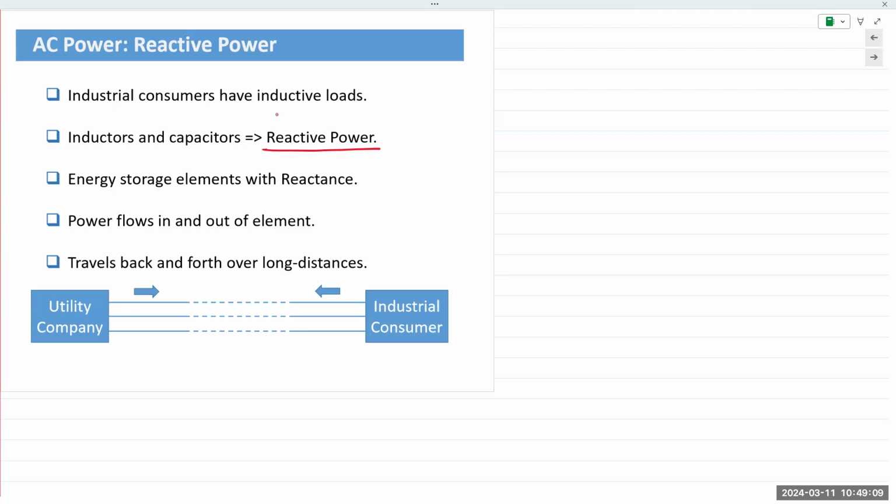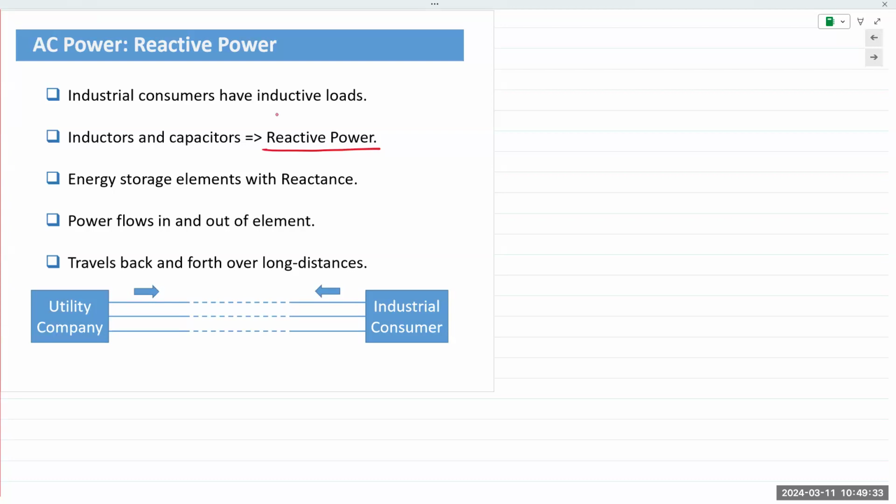The reason this is important is because if you think back on the last few weeks, I talked about how power, energy in an inductor and capacitor, flows in and out for an AC applied voltage or current. For a DC applied voltage, power goes from the source into the resistor, or the inductor, or the capacitor.